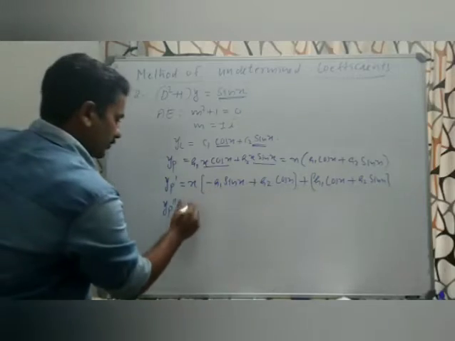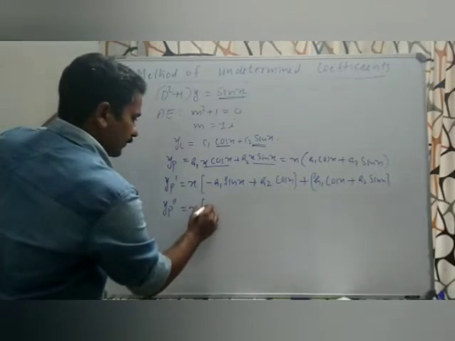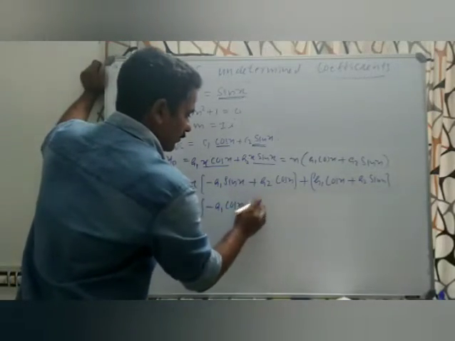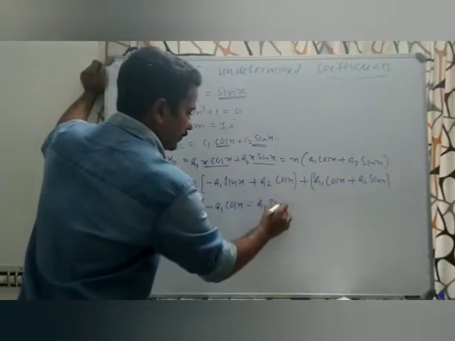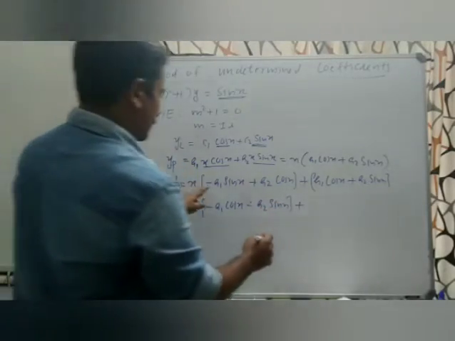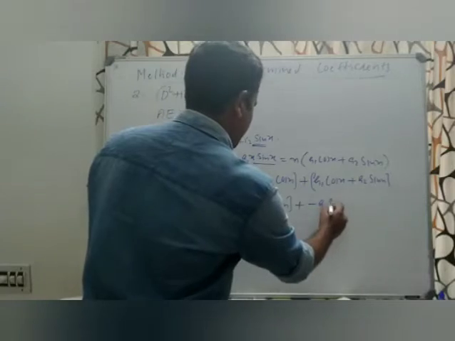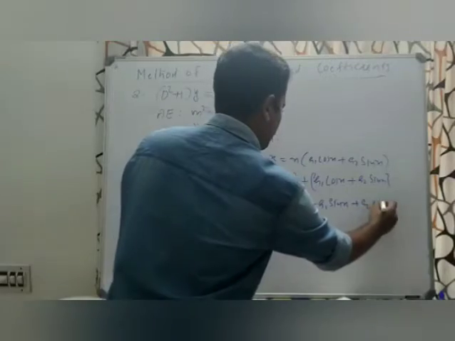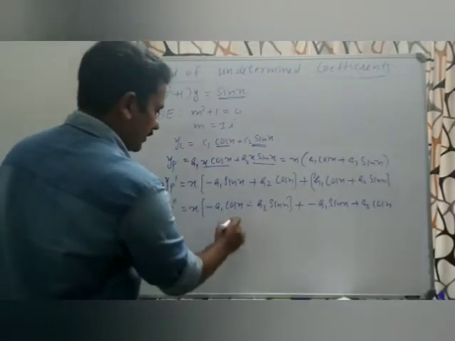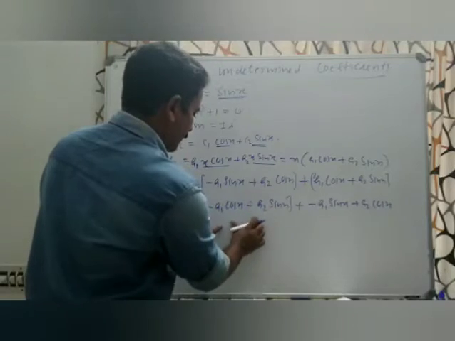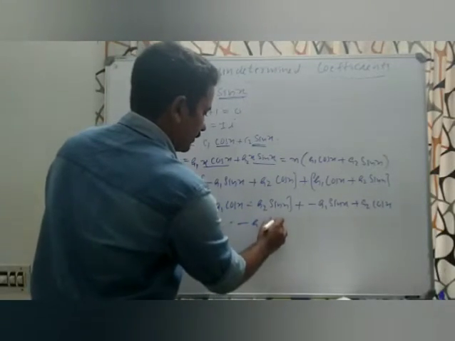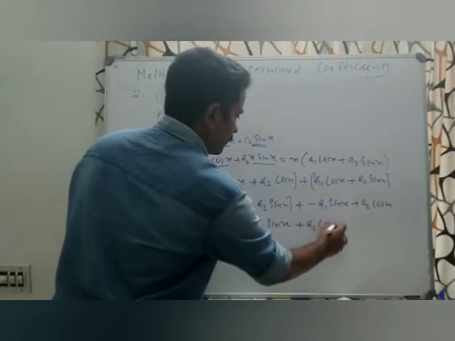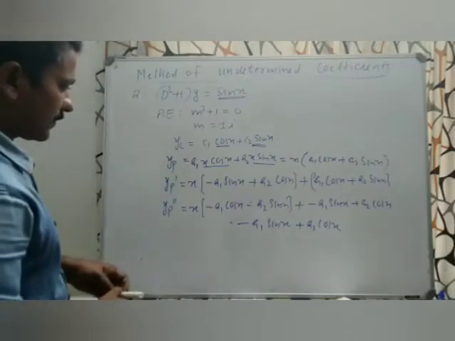Okay, the second derivative: here we have to apply the product rule, x times minus a1 cos x minus a2 sin x, plus minus a1 sin x plus a2 cos x, that's the product rule of this one, plus the derivative of this, that is minus a1 sin x plus a2 cos x, right?